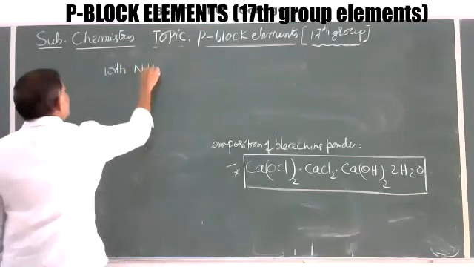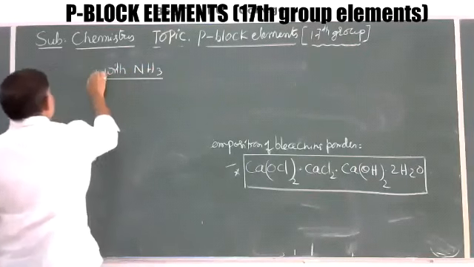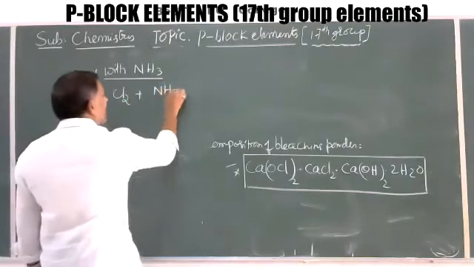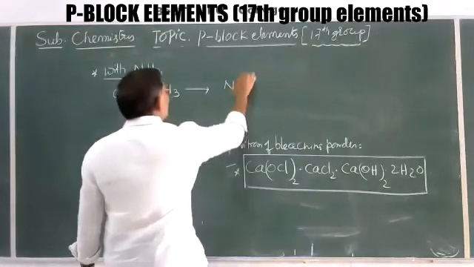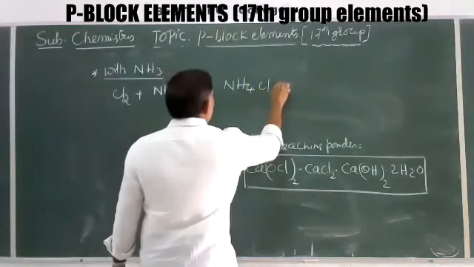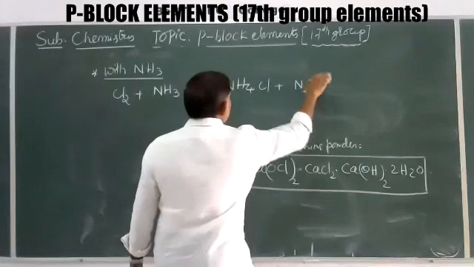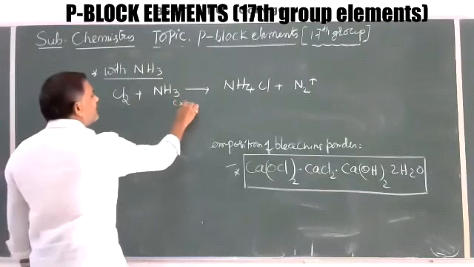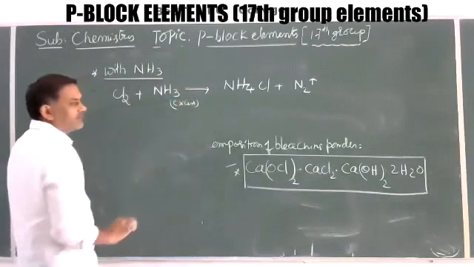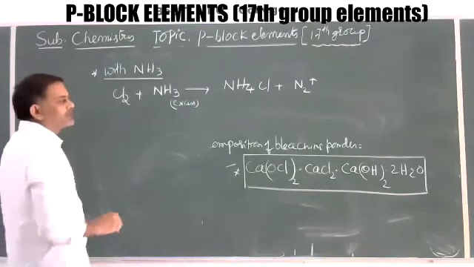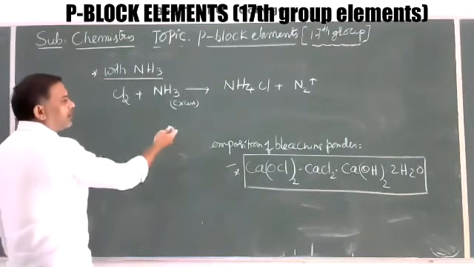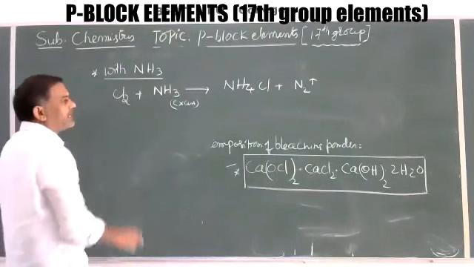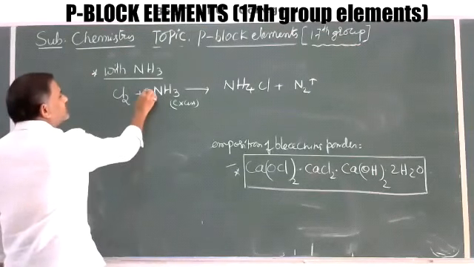With NH3, this is also a very important reaction. Here Cl2 is reacted with NH3, ammonia. It gives ammonium chloride, and nitrogen gas is liberated. When the ammonia is in excess, like in sodium hydroxide, excess, limited, hot and cold conditions, here for NH3 in excess, take 8 moles.